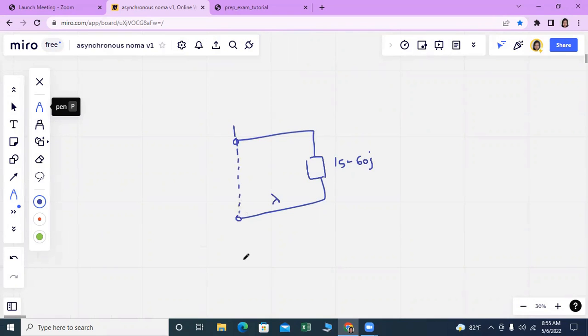And let's assume actually that I will redraw this one. So we have equal lengths on both sides, okay?